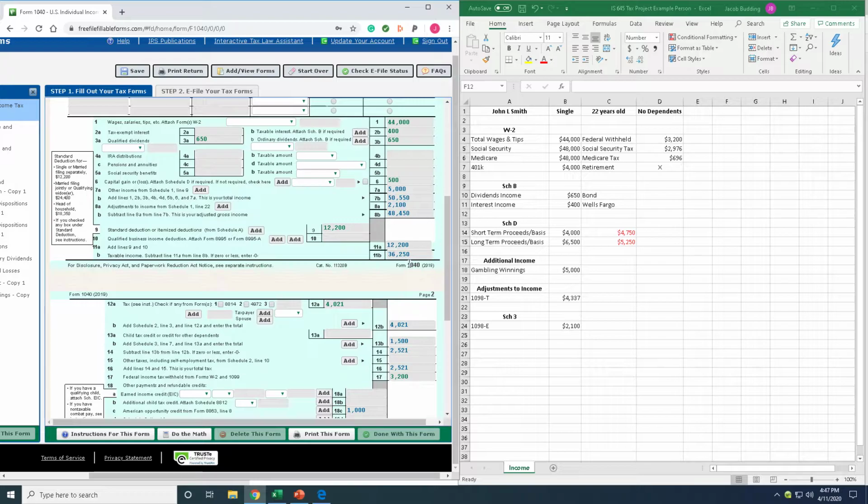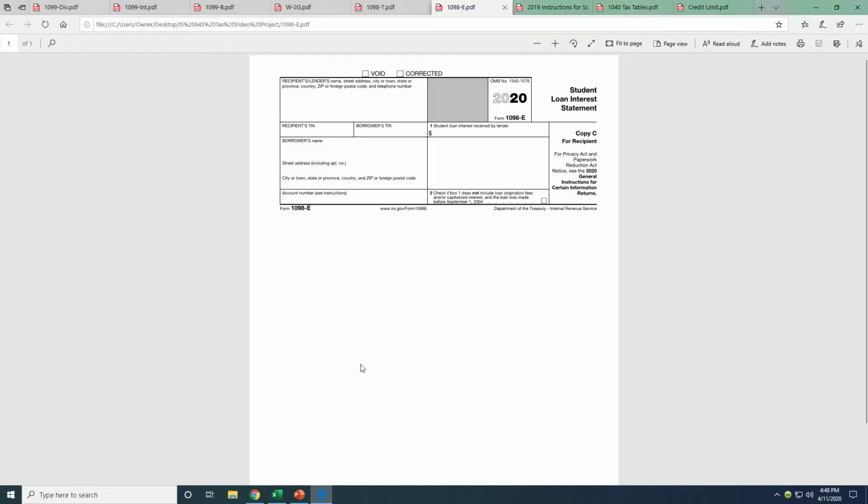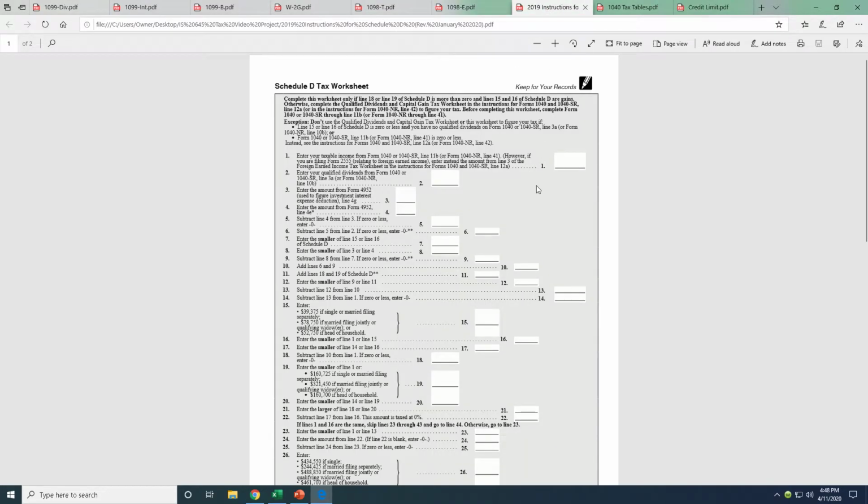All right. Now we're going to calculate tax. This is on the more difficult side, but I'll try and go through it as best as I can. So these are the instructions for the Schedule D tax worksheet.